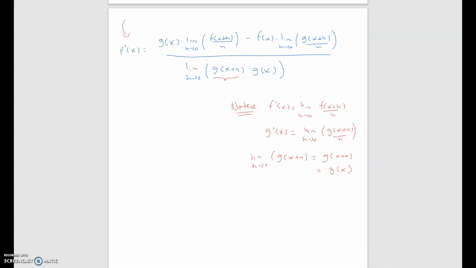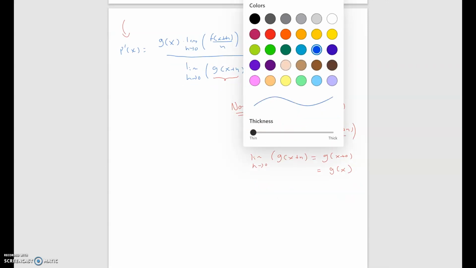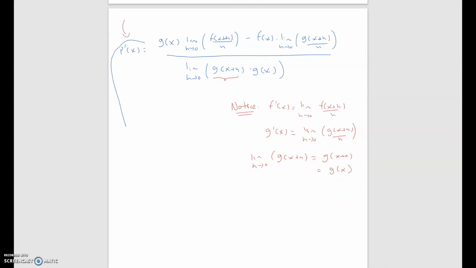So this allows us to rewrite it in the following form, which is technically our main answer, and this proves the quotient rule.